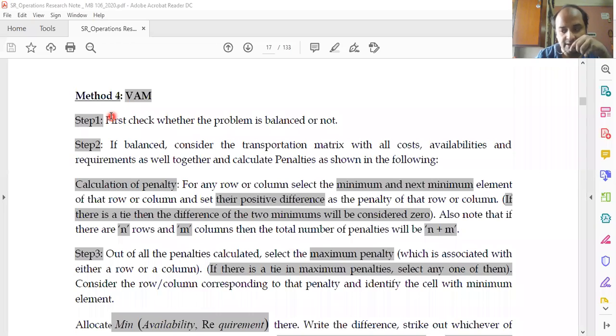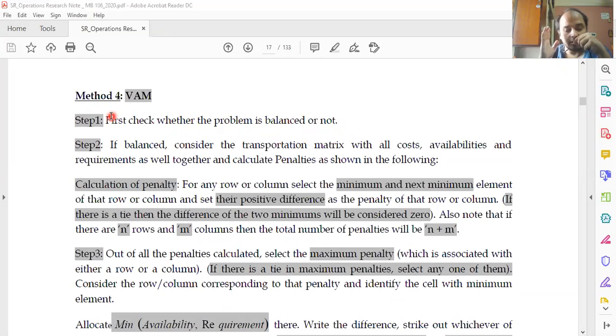The first method is NWCM, and as you can recall, the full form is northwest corner method. The second method is LCM, known as least cost method, or sometimes matrix minima method. The third method is RMM, row minima method. You may ask about the other method, CMM, column minima method.